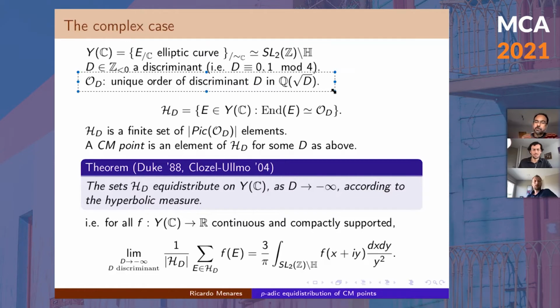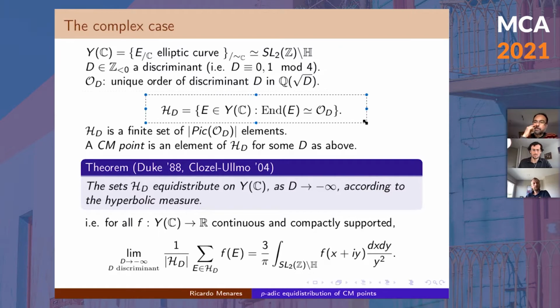This integer determines a unique order of discriminant D inside the field Q(√D). And the main characters will be the elements in the set H_D, which will be the elliptic curves having an endomorphism ring isomorphic to O_D.